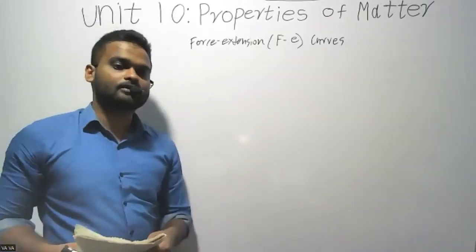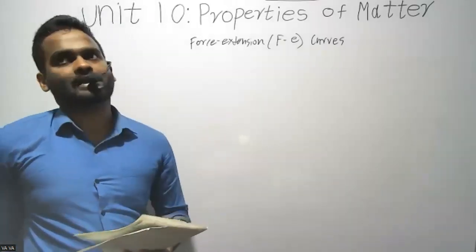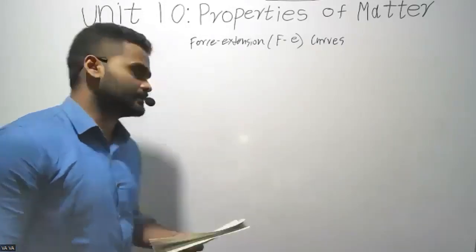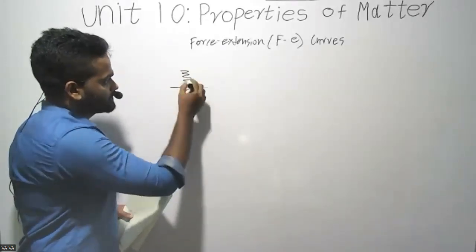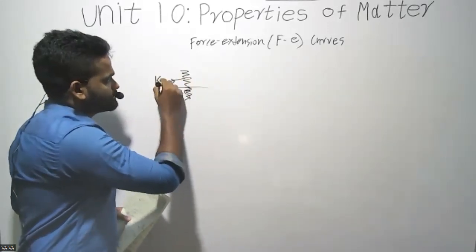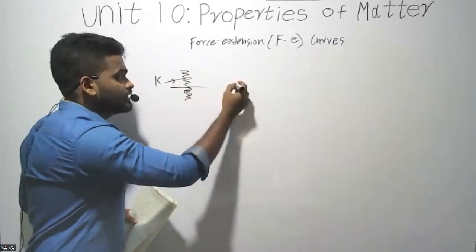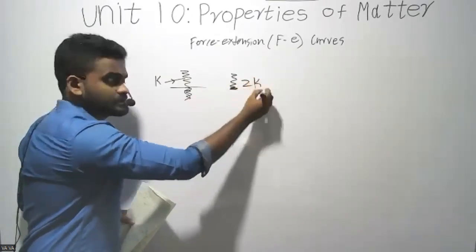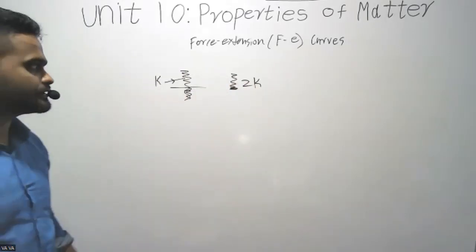Right, now we are going to learn a new equation for that force constant. Earlier you might have learned that when you break a spring in half, let's say the spring has a spring constant K, and you take one spring part, the force constant doubles.